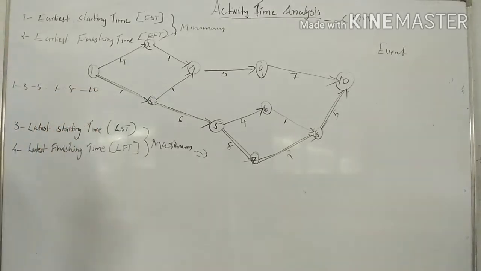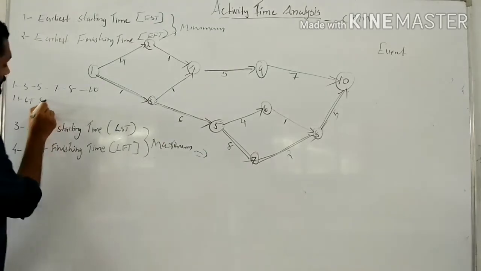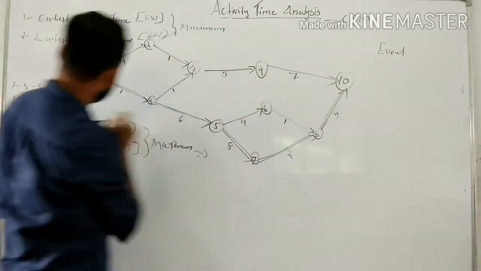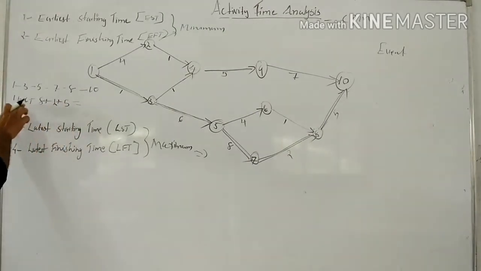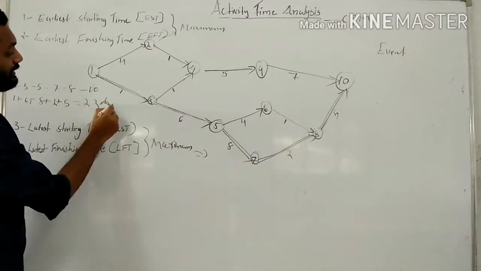The duration of the critical path is 1 plus 6 plus 8 plus 2 plus 5. That is equal to 7, 15, 17, 22 days.